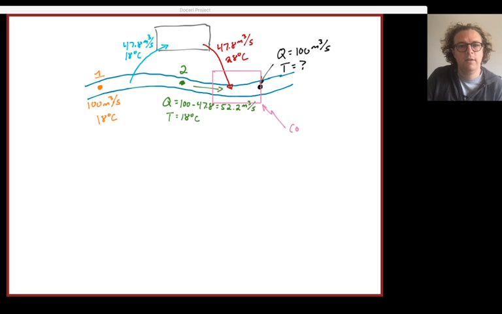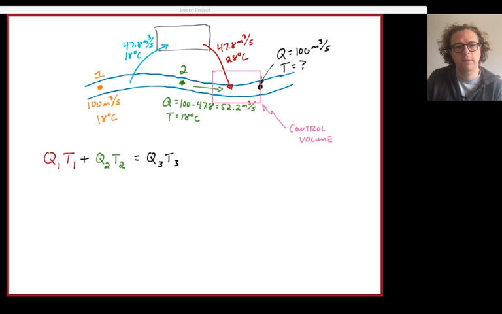So what you can do here is draw yourself a control volume and set up an end member mixing problem for the outflows. And so we can mix together our two temperatures, the red and green, to get the outflowing temperature in black. And again, this is end member mixing. This is hopefully comfortable for us at this point in the semester.